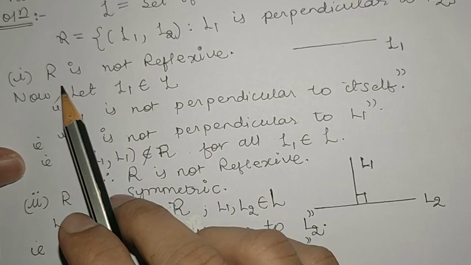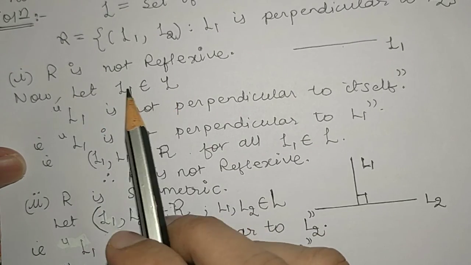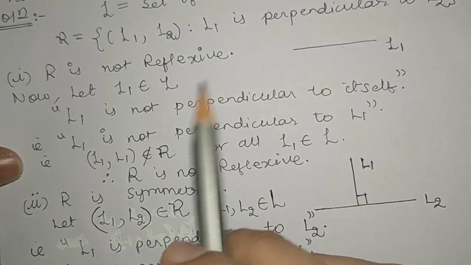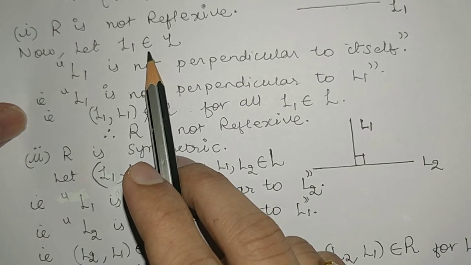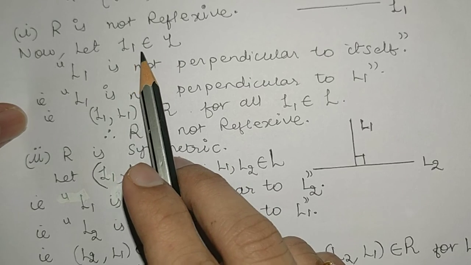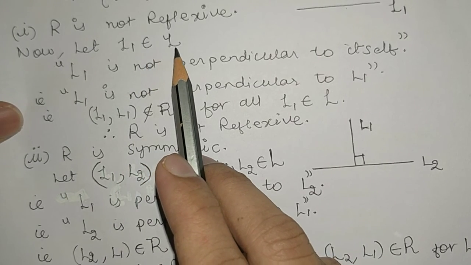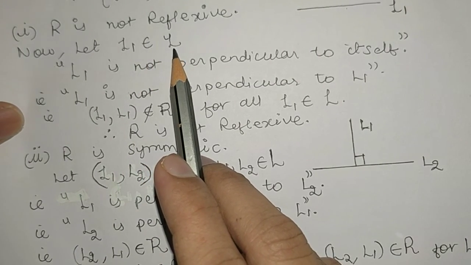So first we will prove that R is not reflexive. Let us prove that R is not reflexive. Let L1 belong to L. You take a line L1 belonging to the set of all lines in a plane.